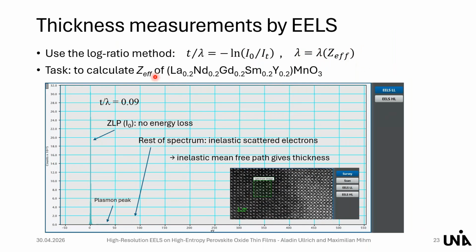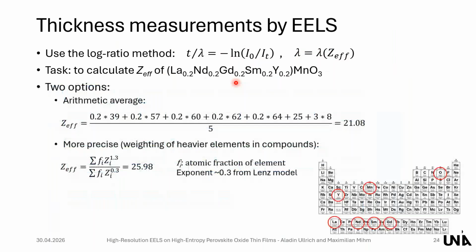So the task is now to calculate the effective Z of this compound. You can do it in actually two ways. You can just use the arithmetic average. That's the not so precise but very quick method. There you end up with something like 21. But the more precise way takes into account the weighting of heavier elements in compounds.